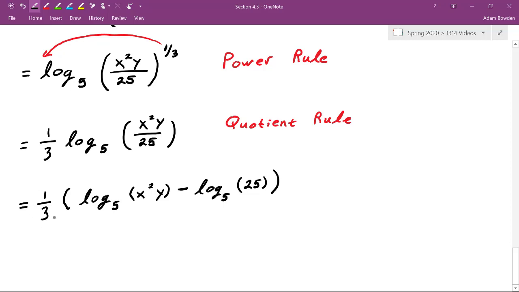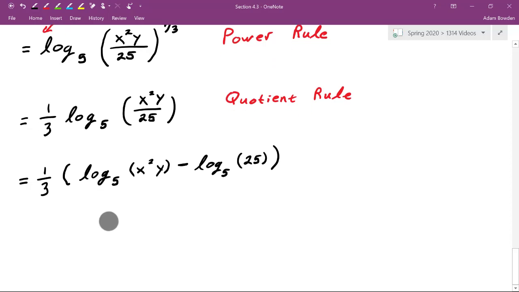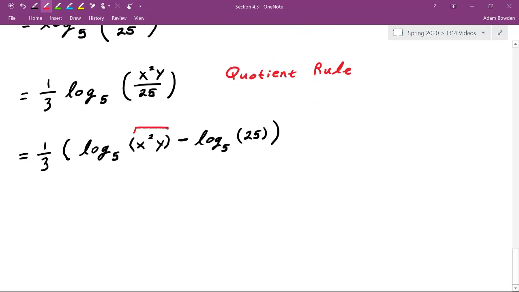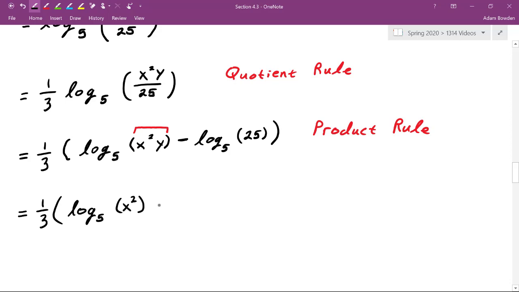Notice that I'm keeping the 1/3 in front of everything since it was out in front to begin with. Then notice you have x squared y together, and those are multiplied, so the next step is to use the product rule. So that would break it down into 1/3 of log base 5 x squared plus log base 5 y minus log base 5 25.